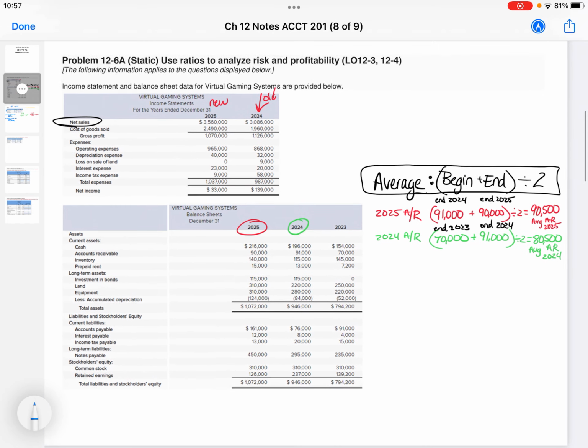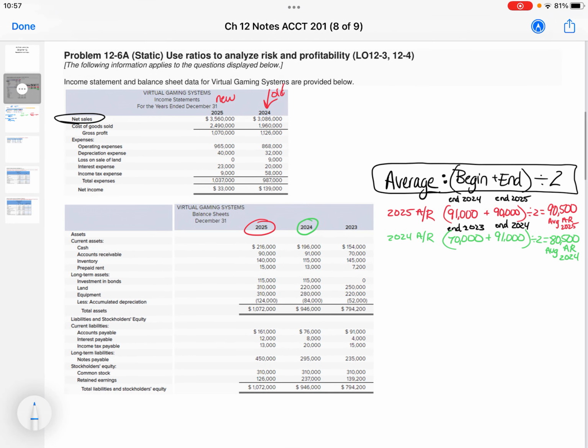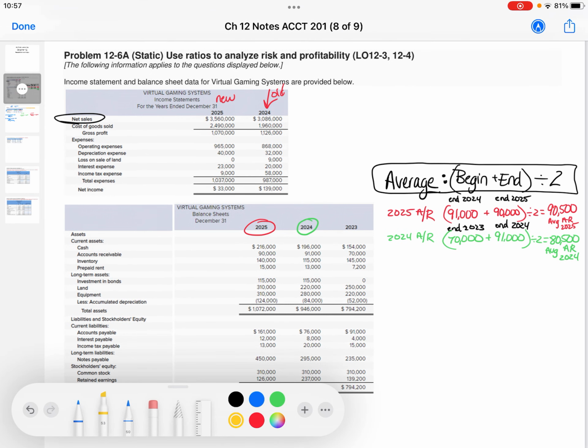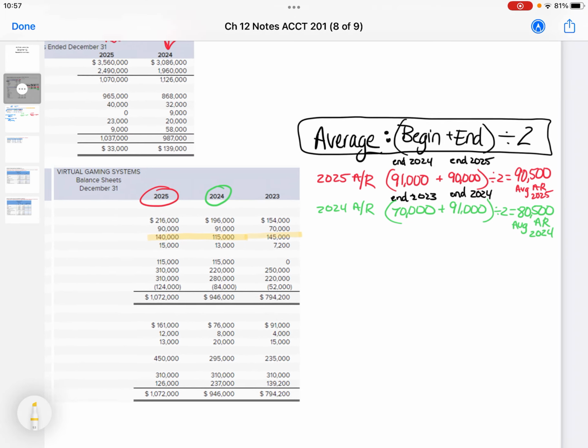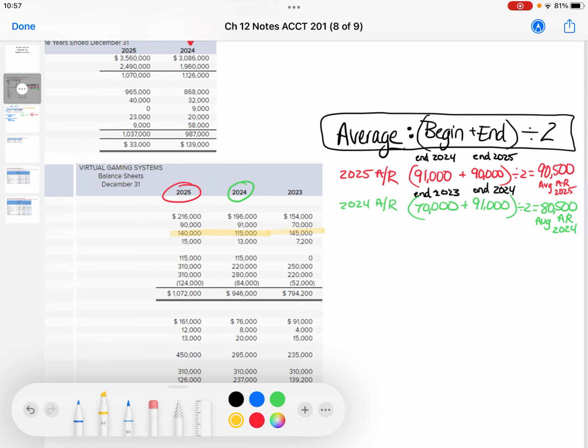Okay, so for inventory, what it looked like for this company, I'm going to highlight these numbers so we can see them. 140,000 is the 2025 balance, 115,000 for 2024, and 145 for 2023. So I'm going to need all of those numbers. And let's write them out over here. Again, beginning and ending, divide by 2.